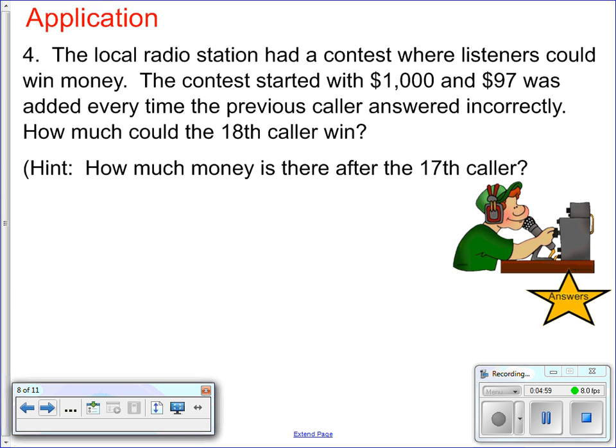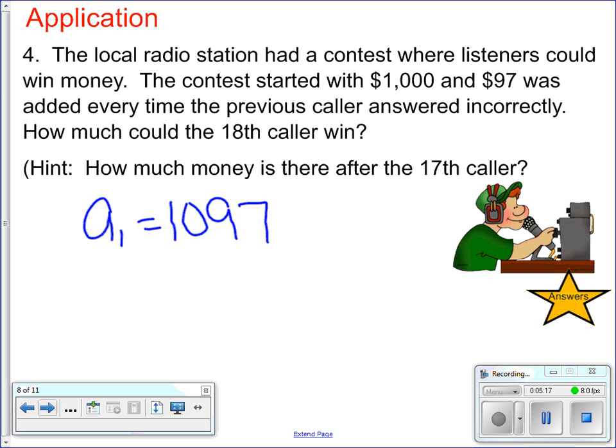The local radio station had a contest where listeners would win money. The contest started at $1,000 and $97 was added every time the previous caller answered incorrectly. How much could the 18th caller win? My first term, a_1, is 1,097 because I initially started with 1,000, so term 1 is 1,097.